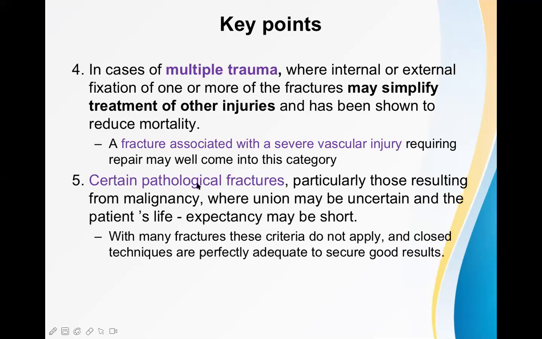And certain pathological fractures, or I want to extend this, most pathological fractures need internal fixation for union, because conservative management usually fails in pathological fractures. Why? Because the bone is already diseased, it is not a normal bone, and the healing process is already very delayed there. So these are some of the important key points.